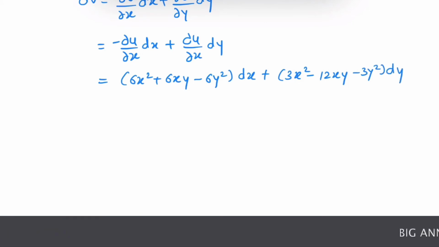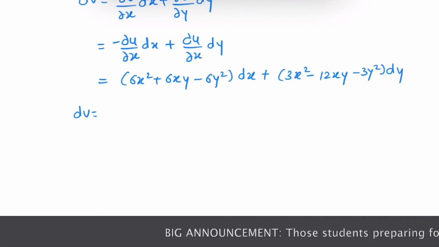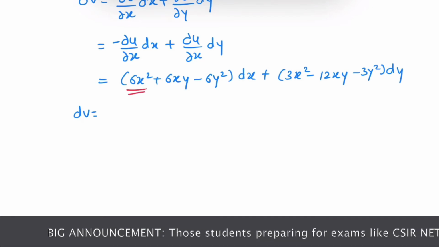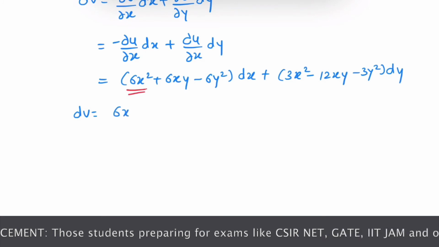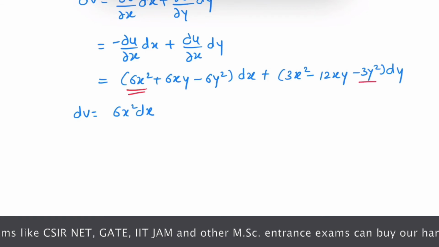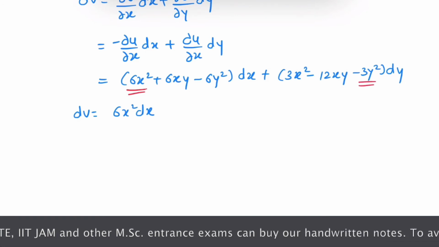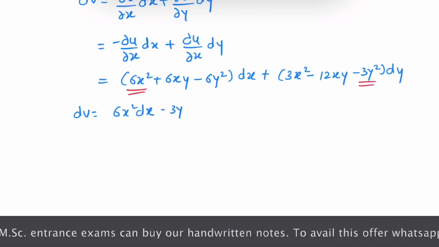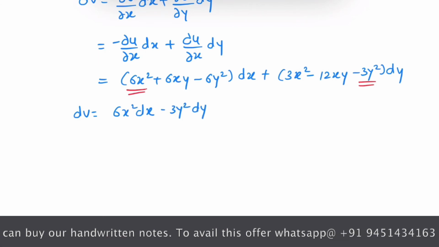So we have dv equals, writing this term first, 6x² dx and then writing this term, -3y² dy.